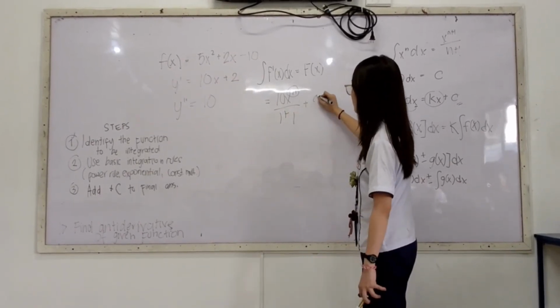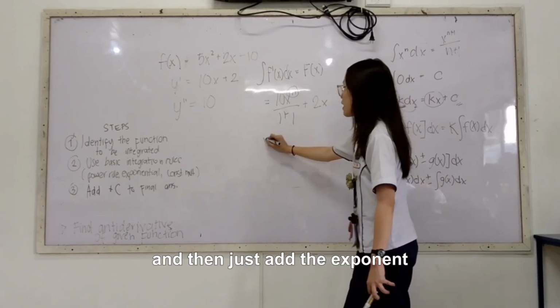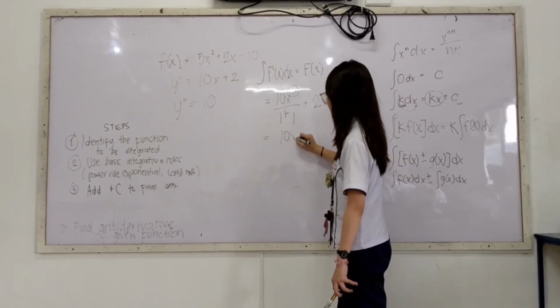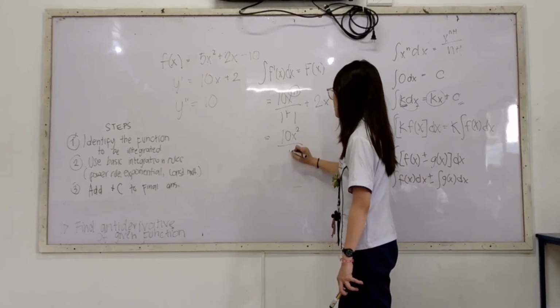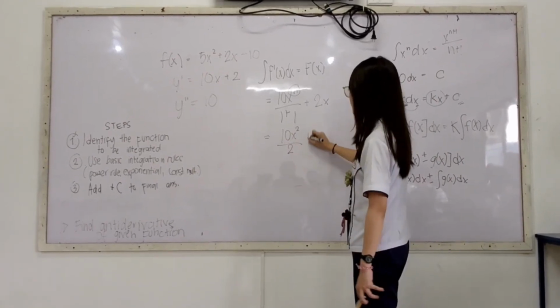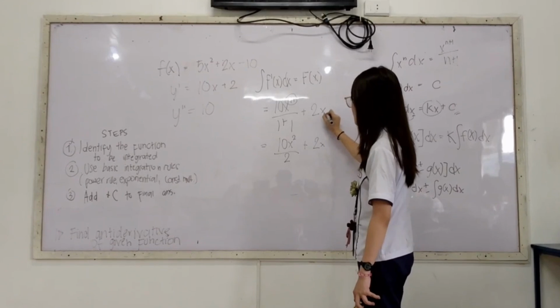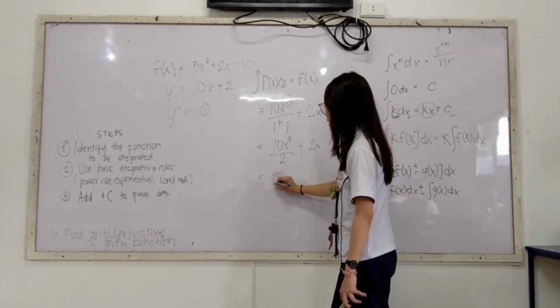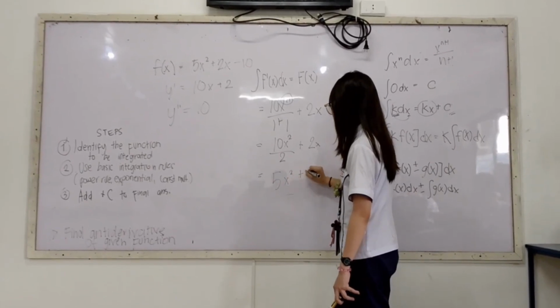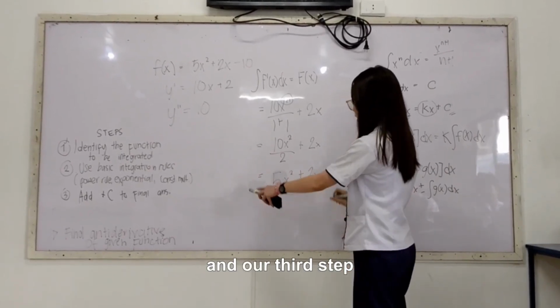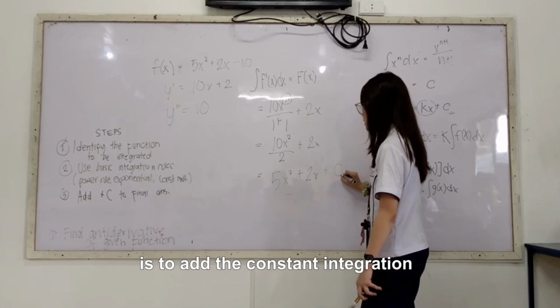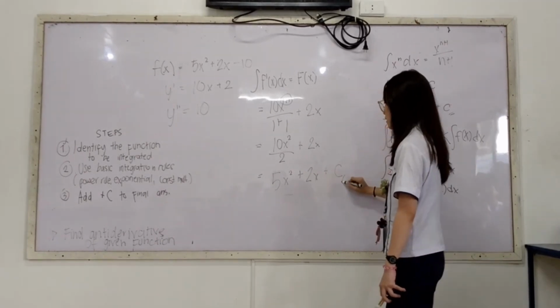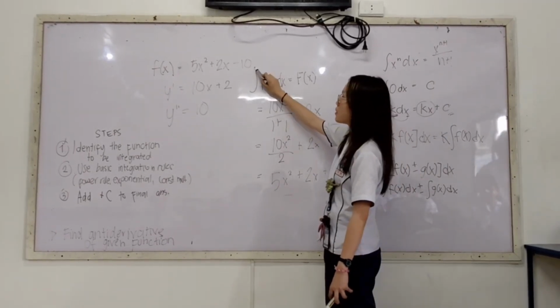Copy the sign and add x. And then just add the exponent, which is 2. And then for the denominator, copy this one and divide. That will be equal to 5x squared plus 2x. And then our third step is to add the constant of integration. So this looks alike to this one.